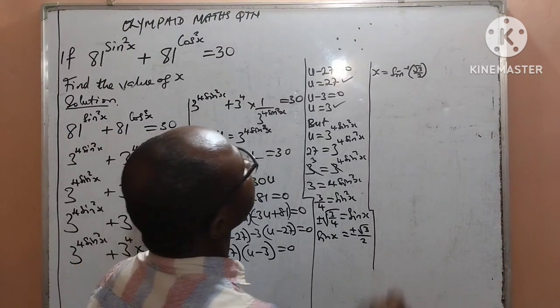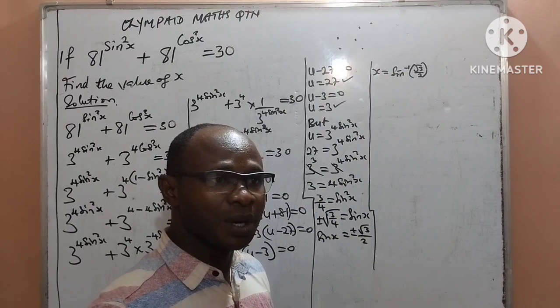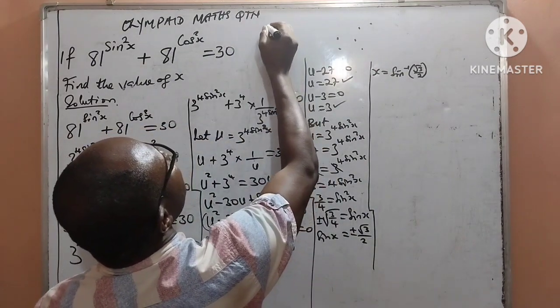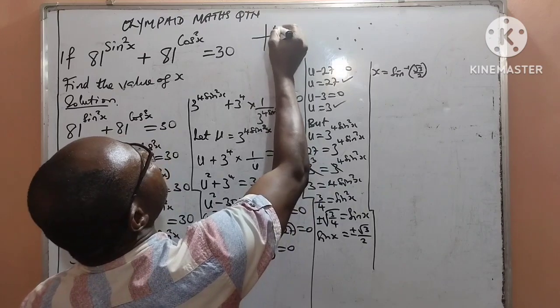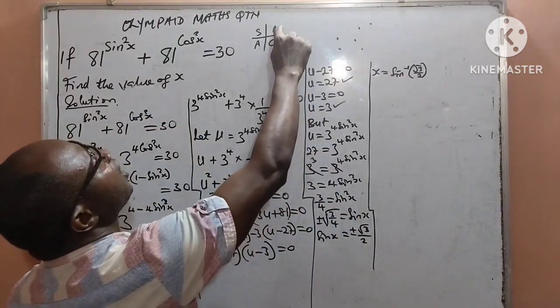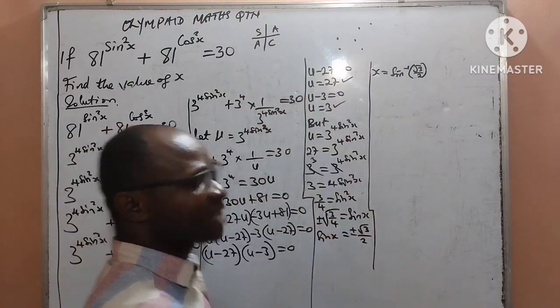If you look at this CAST diagram, all are positive in the first quadrant, sine is positive here, tan is positive here, and here cosine is positive.